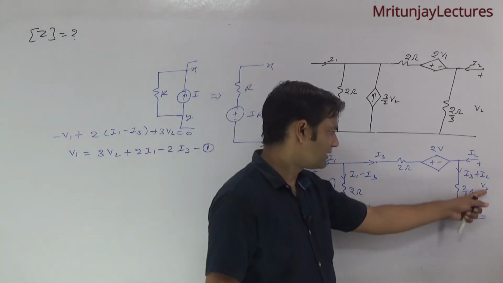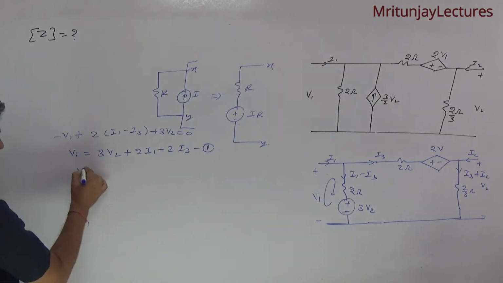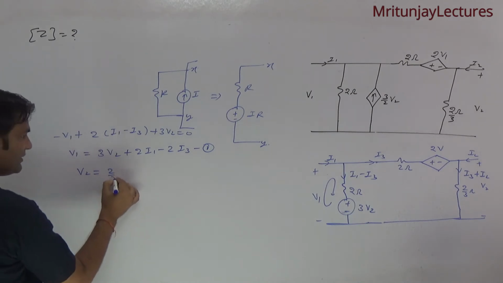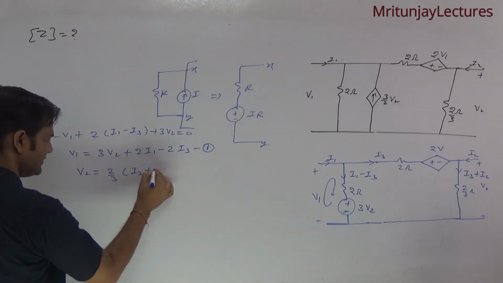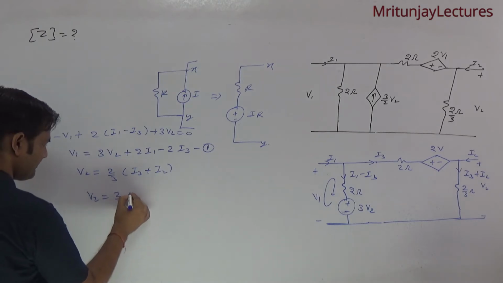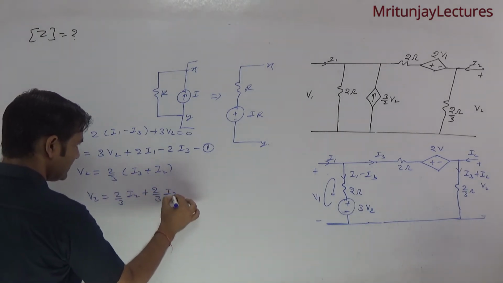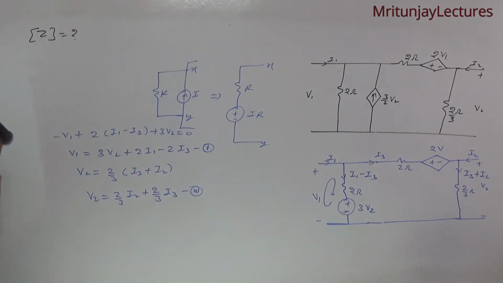Now apply KVL in this loop. V2 will be equal to 2 by 3 into I3 plus I2, or V2 is written as 2 by 3 I2 plus 2 by 3 into I3, equation number 2. Very simple.